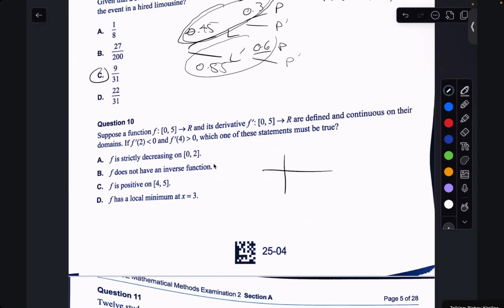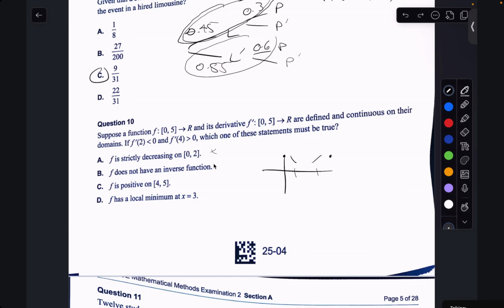So we know we've got a negative at 2, a positive at 4, and it stops here and it stops here at 5. So f is strictly decreasing on 0 to 2. Well, we don't know what's happening from 0 to 2 apart from at 2 and at 4, so that doesn't have to be true. We could have something here.